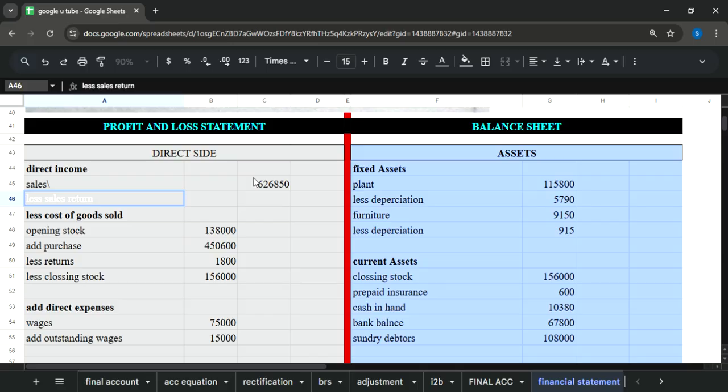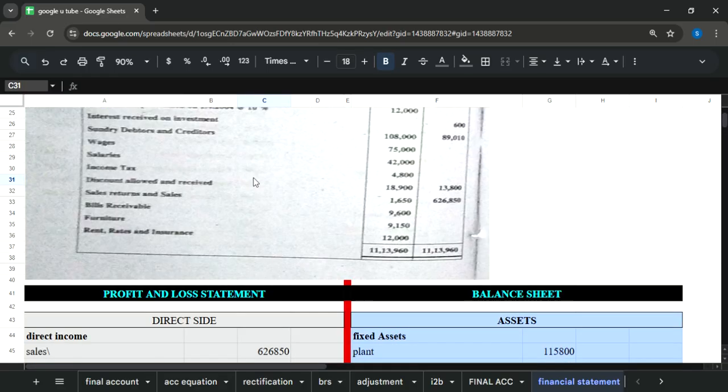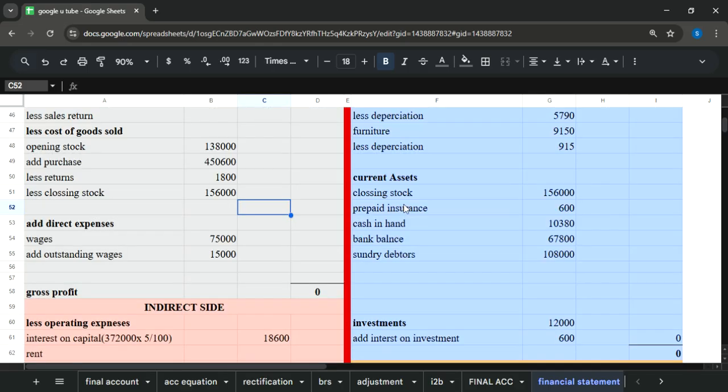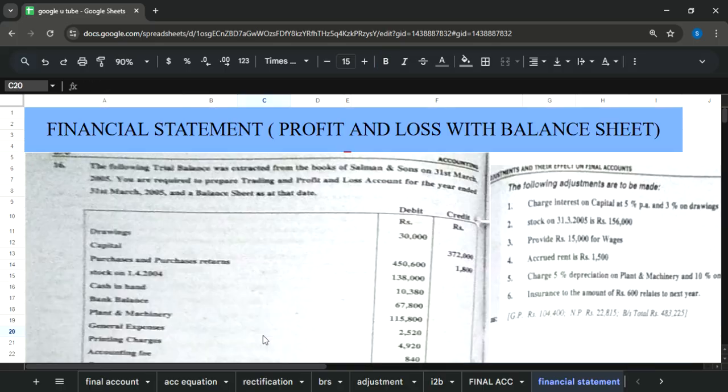And let's see how much amount of sales return are: 1650. So here we will write 1650, sales return also entered.